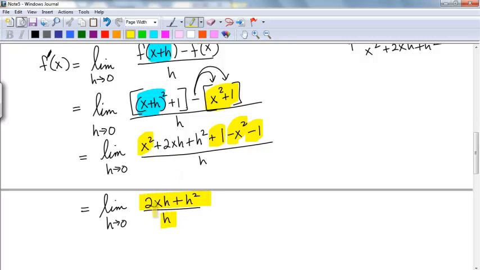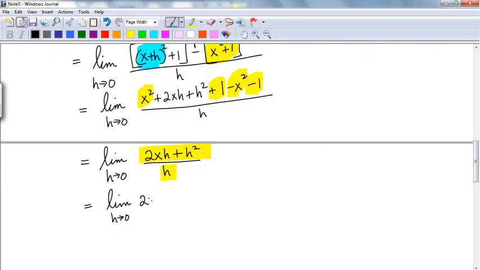That h divides into both of them. Okay, so if it divides in, you still have that limit notation. If I divide h into that first term, what's left? 2x. Divide h into the second, h into h squared, just h left. Okay? Once you've reduced it, now you let this happen. Okay? Let h go to 0.